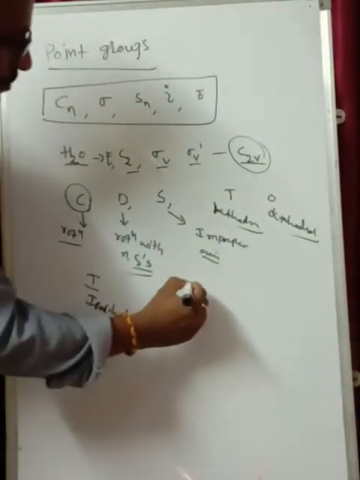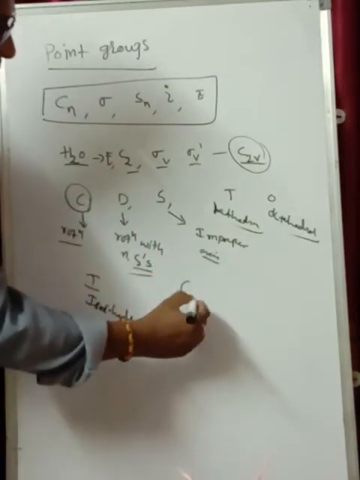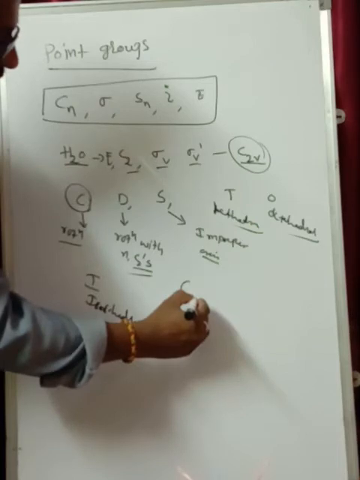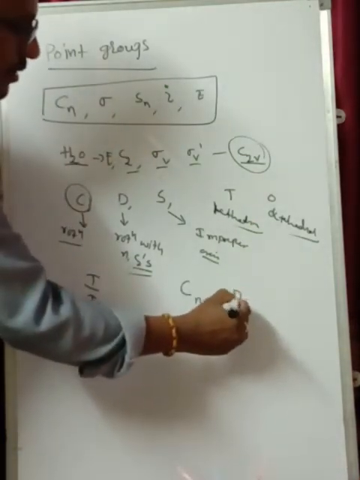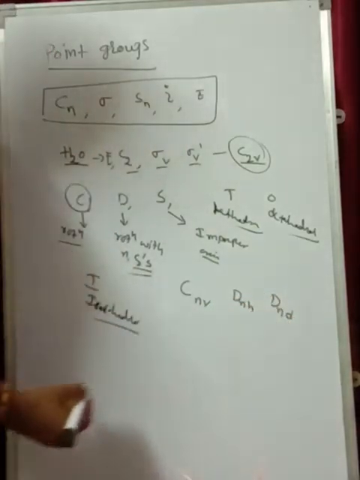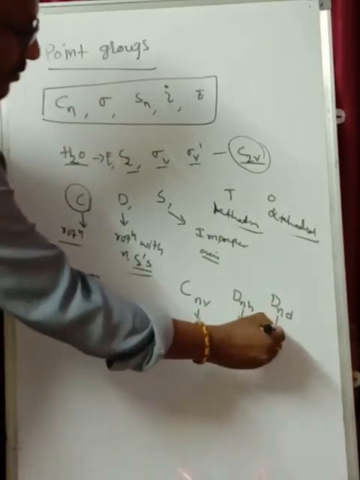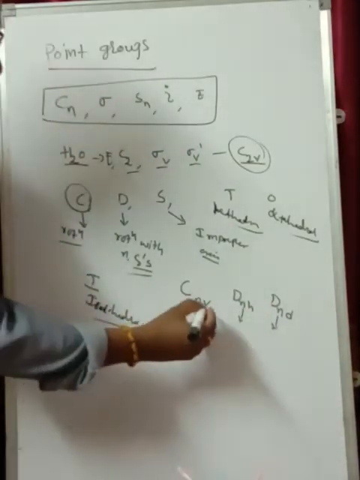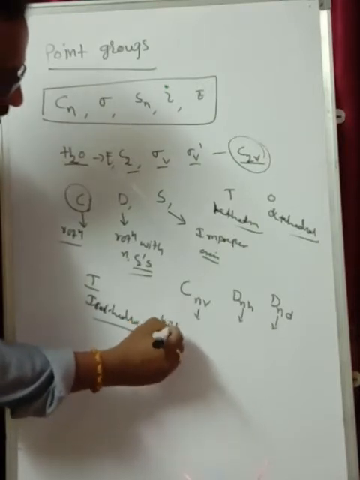Another thing is that every point group, which is represented with C, D, and so on, has subscripts. For example, take Cnv, or Dnh, or Dnd. In these subscripts, what does n represent? n represents the highest, or you can say the type of rotation.